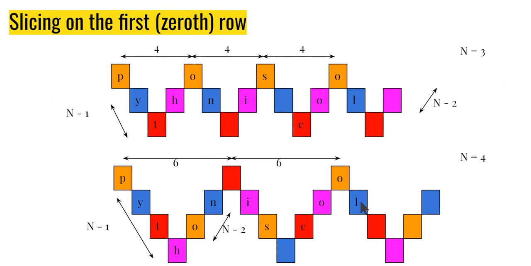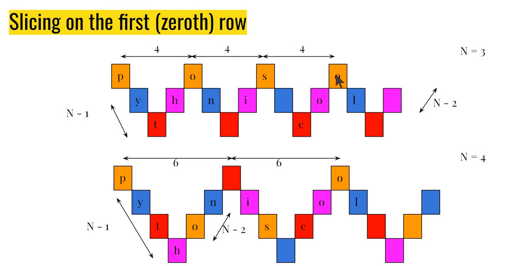Having done this, now let's just think about the first row. This is not too hard actually, because if I look at, let's say, n equals 3, what's happening really is, like I said, I'm writing n minus 1 letters downwards, and one more letter, which is n minus 2 in this case, upwards. In other words, I'm writing three letters here, three letters here, which means that starting from the zeroth character on my message, I am taking every fourth character, and that becomes my first row.